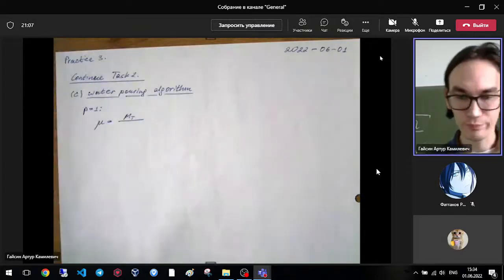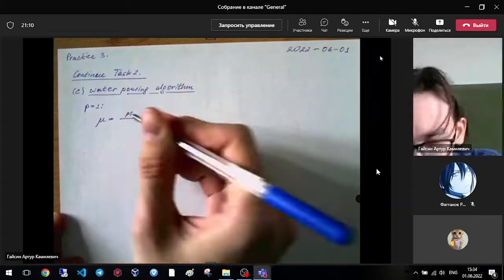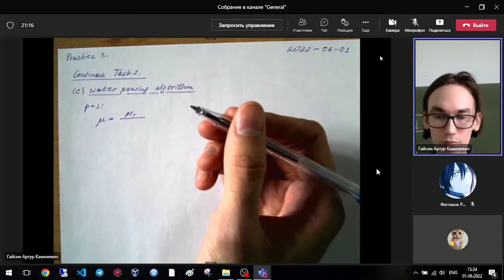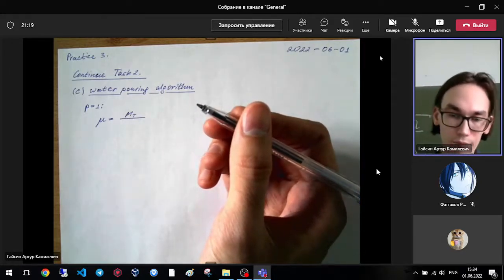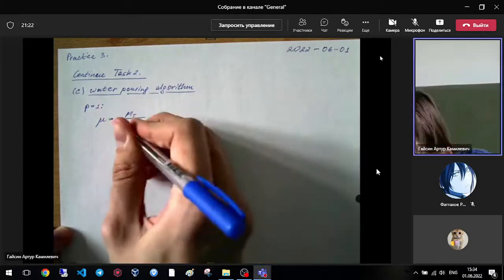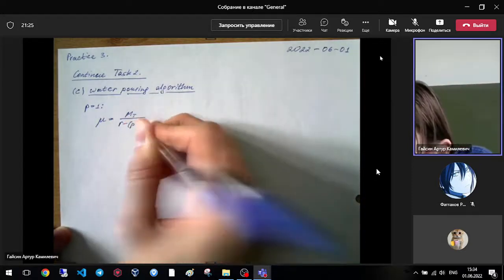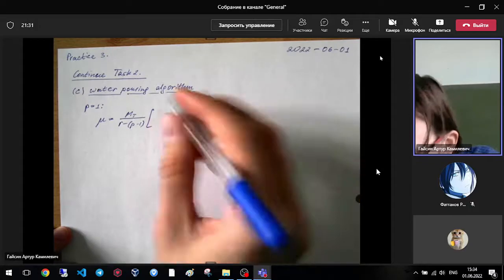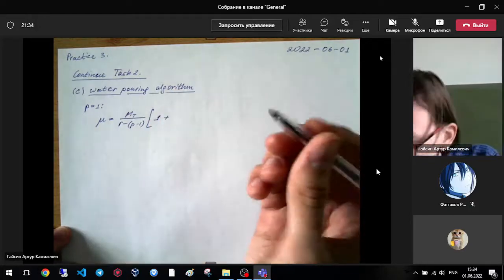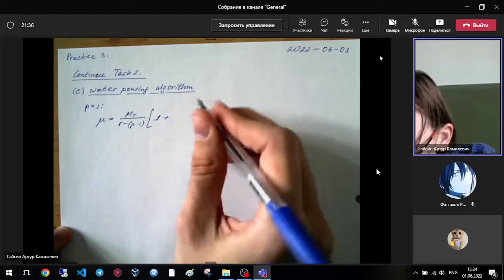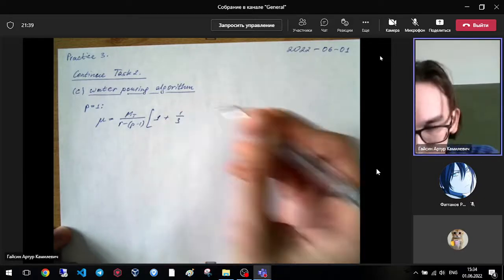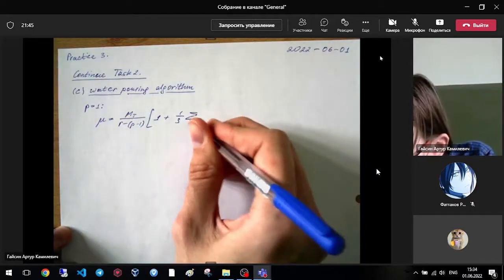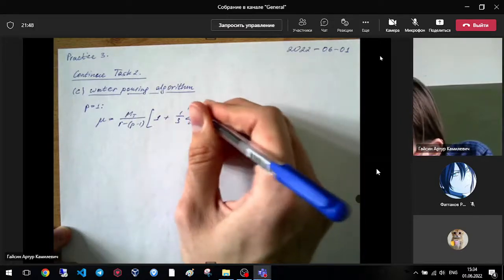We can also move out this MT, it is also the right equation. We just move the number of transmit antennas outside of braces. So MT times the braces: 1 divided by R, then 1 plus 1 divided by rho, this signal to noise ratio, and the sum of our eigenvalues.